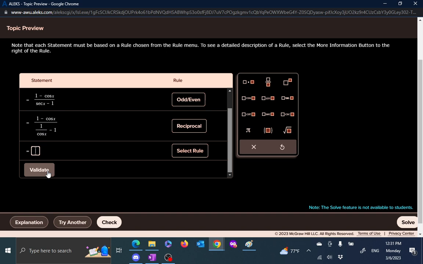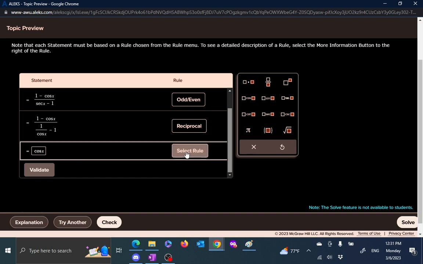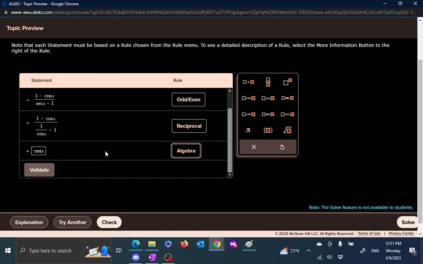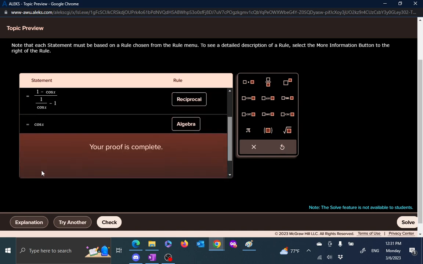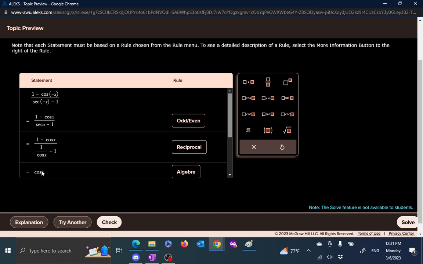Now let's go ahead and try to see if the software will be happy. We simplify this thing. When we simplify, it's 1 over cosine over 1 minus cosine, the whole thing over cosine, and if you simplify it, you get cosine. So let's see if we can bypass typing a little bit, and if that is okay with the software. Is that fine? Well, yes. So we didn't need to torture ourselves typing all of that.